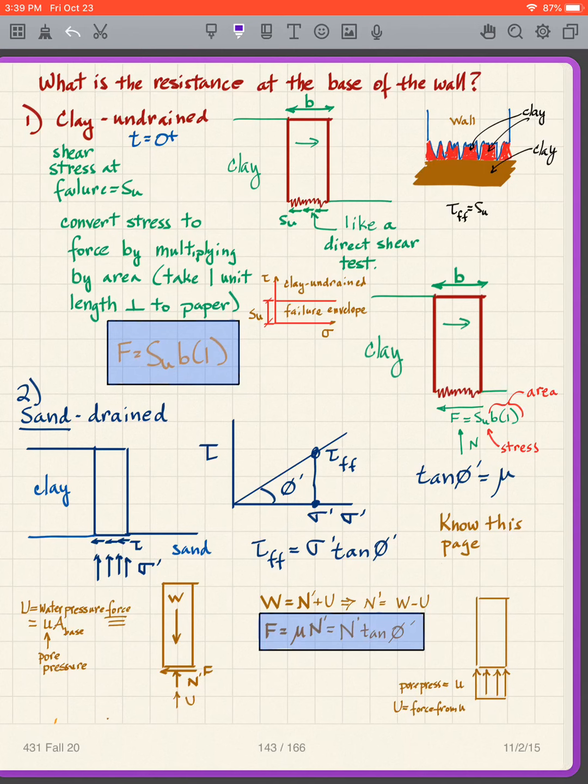So we call them N prime and U. And we know what U is. U is going to be the pore pressure at the base, small u, times the area of the base. That's going to be my water pressure force, pore pressure force. So I know what U is, and I know what the weight of the wall is. And then N prime is simply going to be the weight of the wall minus U.